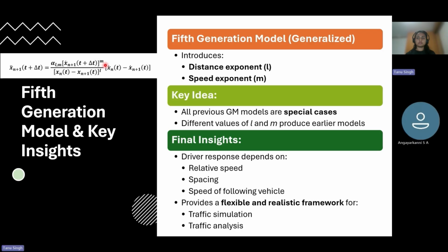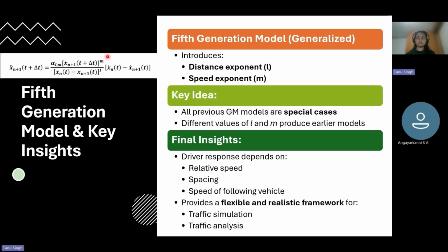So by choosing specific values of these exponents, we can produce the earlier models. In summary, the general motors model shows how the driver response depends on three main characteristics: first is relative speed, then the distance between the two vehicles, and the speed of the following vehicle.